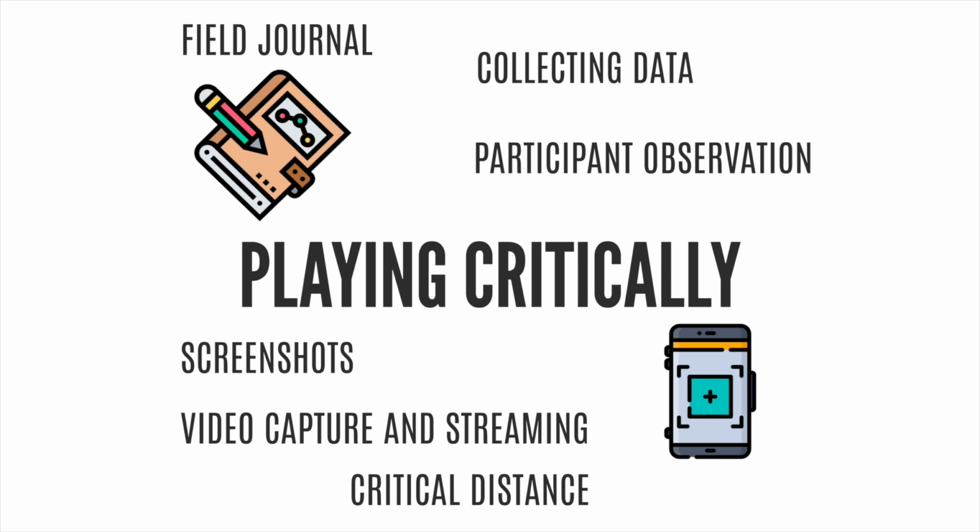This involves documenting your experience. You need data and evidence in order to reflect on that experience and examine the affordances and constraints of the game and the choices that you made personally as a result of that experience. Playing critically means collecting data, analyzing that data, and then using your analytical framework to produce that critical view.